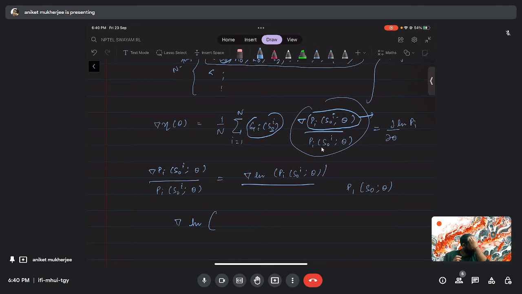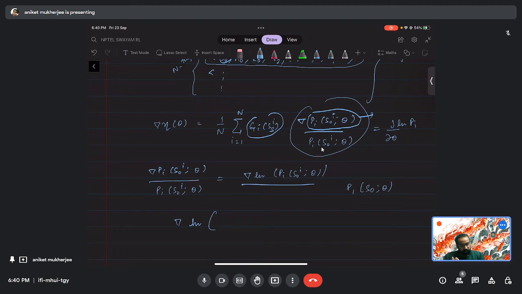Instead of going over the whole trajectory, let's do it step by step, transition by transition, because it's an MDP, so you have the Markov property.